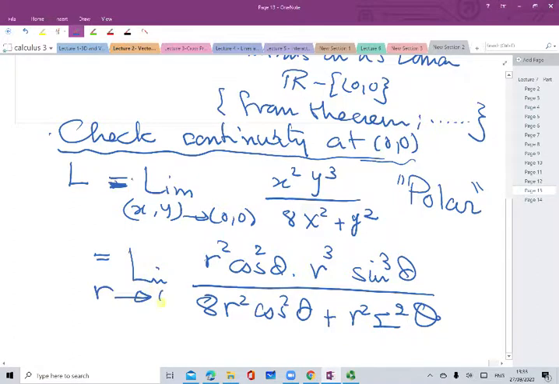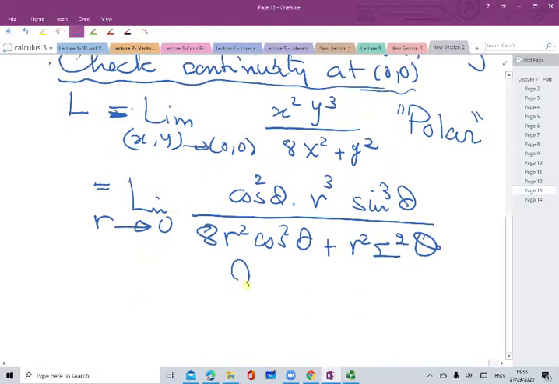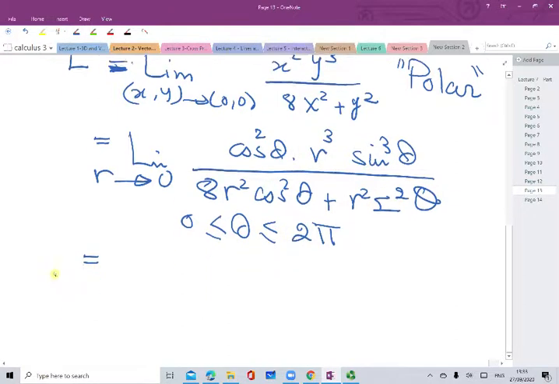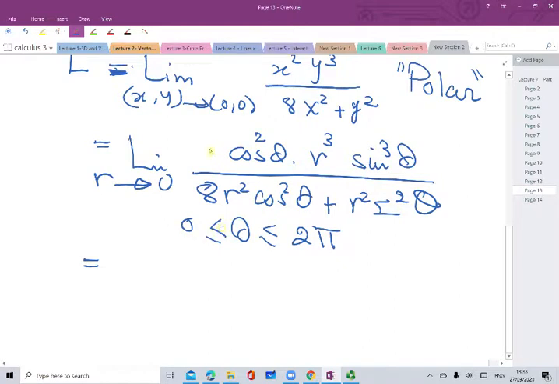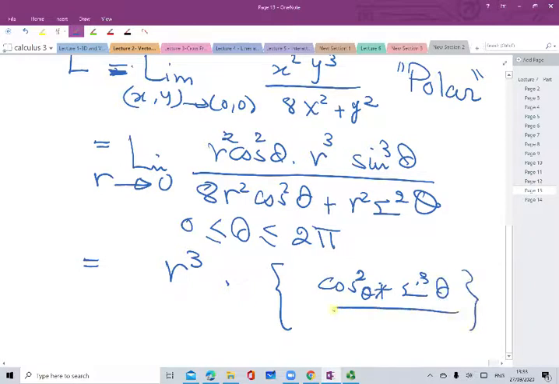Limit as r tends to 0 for theta changing from 0 to 2 pi. So simplify, I'll end up with r to the power 5 over r squared, which is r cubed times the bracket: cosine squared theta plus sine cubed theta over 8 cosine squared theta plus sine squared theta.